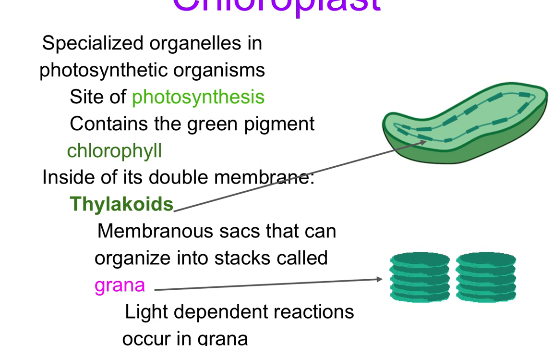Those are membranous sacs that can organize into stacks called grana. And that's where the light-dependent reactions occur, inside of the grana. So one of the things that I will use is when you bring a big stack of pancakes, it's a grand stack of pancakes, a grana stack of pancakes.